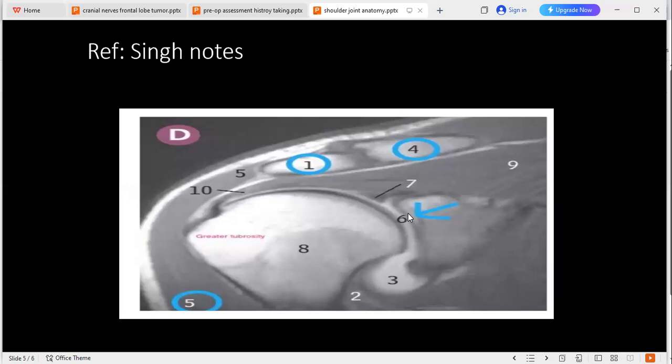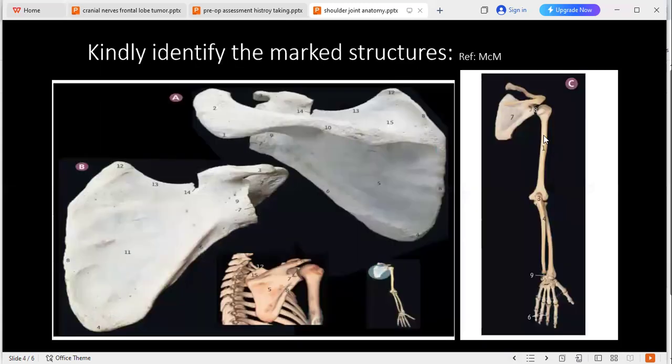Can you tell me the boundaries of the quadrangular space? Superior is teres minor. Inferior is teres major. Medial is long head of triceps, and lateral is humerus, neck of humerus to be precise. What passes through the quadrangular space?